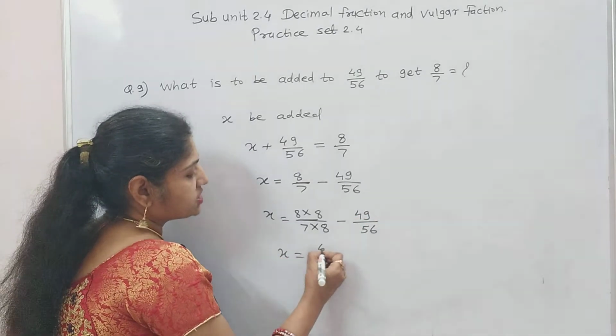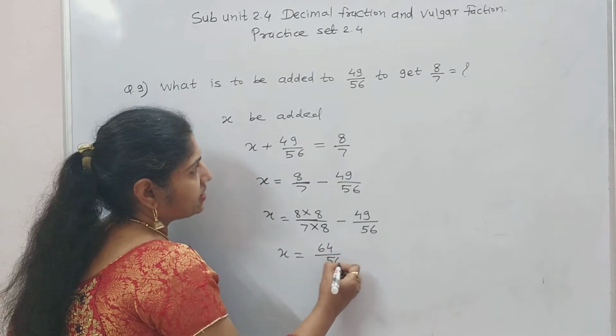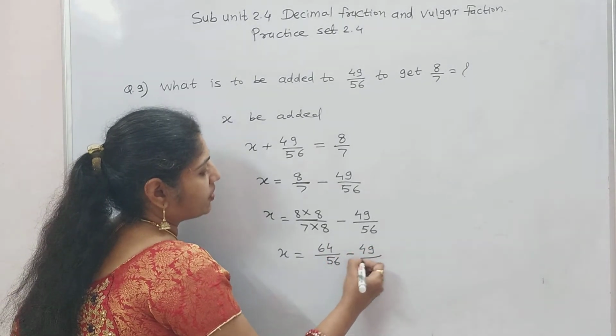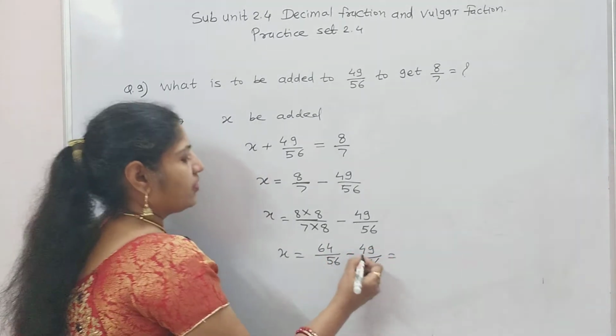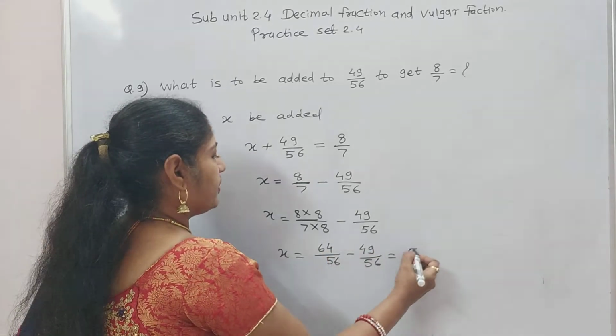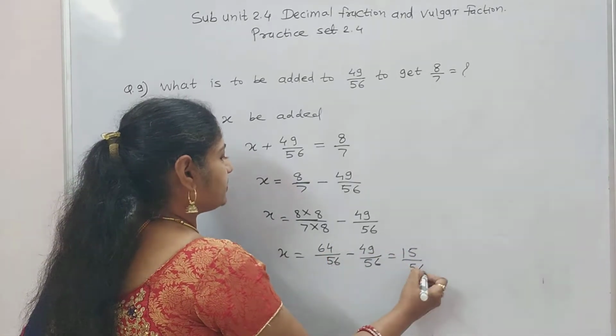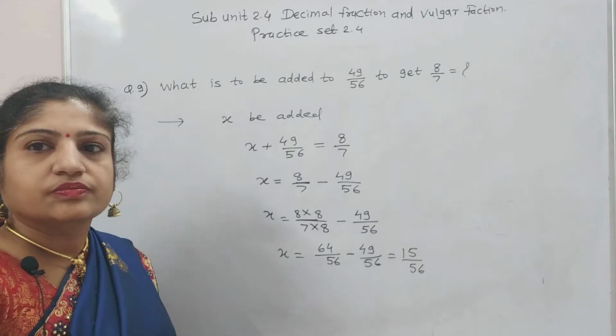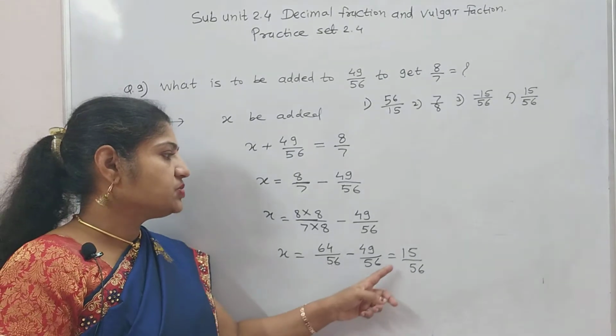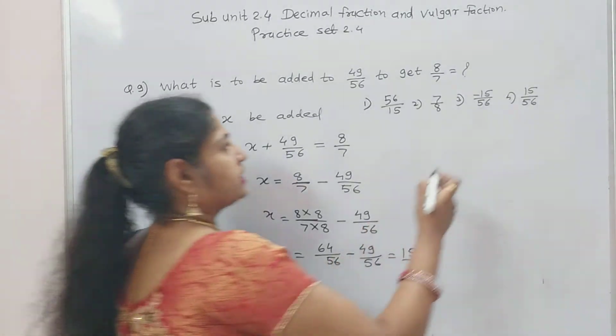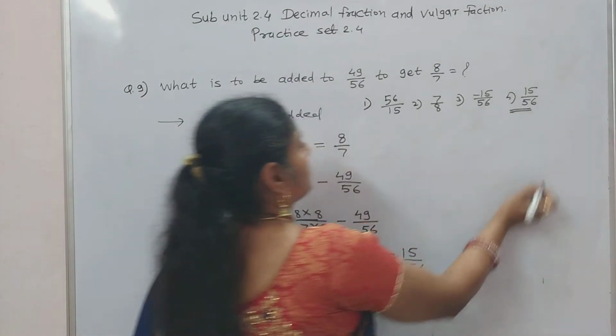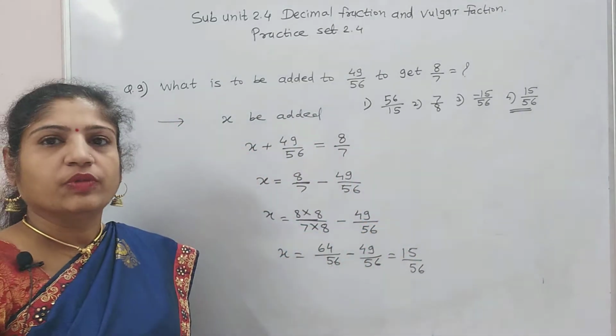X equal to 64 upon 56 minus 49 upon 56, and answer is 15 upon 56. Answer is 15 upon 56, that is the option number 4.